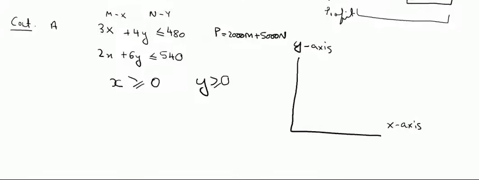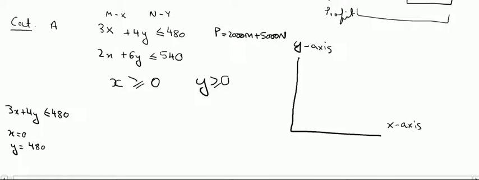Now the first equation is 3x plus 4y is less than or equal to 480. If we assume that x is 0, y will be 480 divided by 4, which gives us a value of 120.